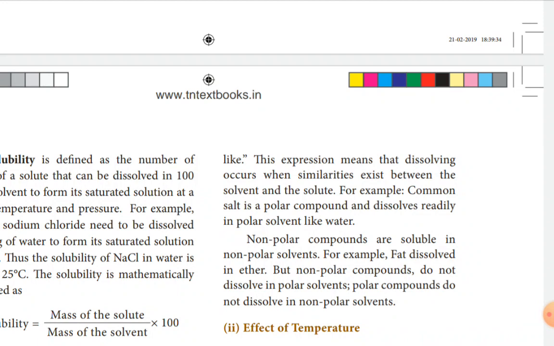For example, common salt is a polar compound and dissolves readily in polar solvents like water. Nonpolar compounds are soluble in nonpolar solvents. For example, fat dissolves in ether, but nonpolar compounds do not dissolve in polar solvent. Polar compounds do not dissolve in nonpolar solvent.